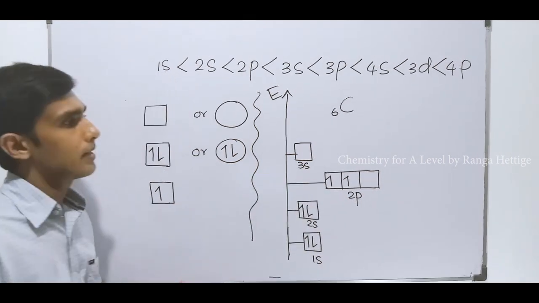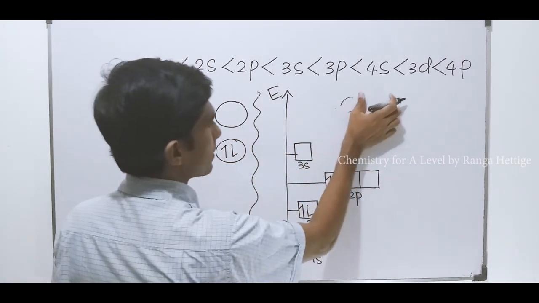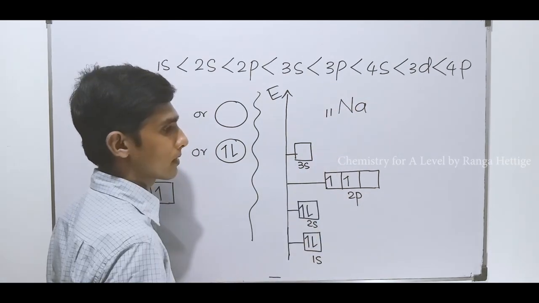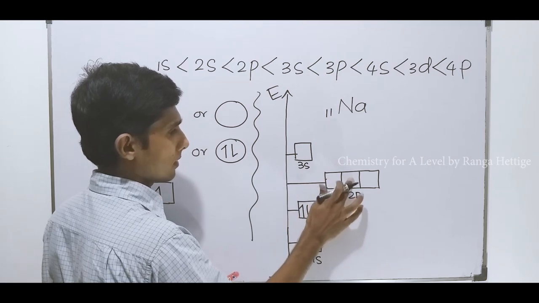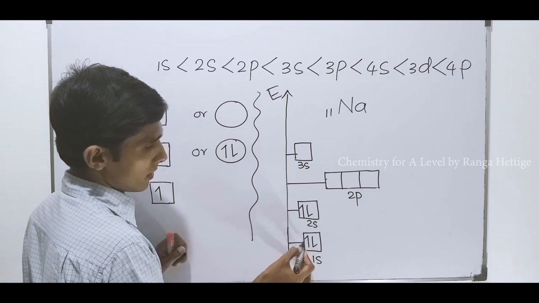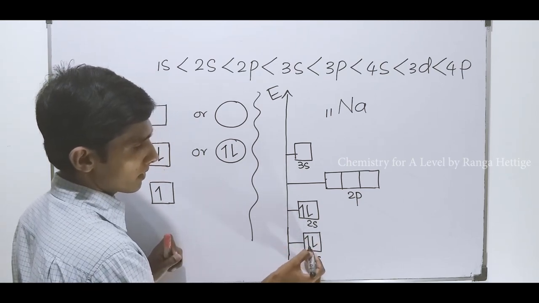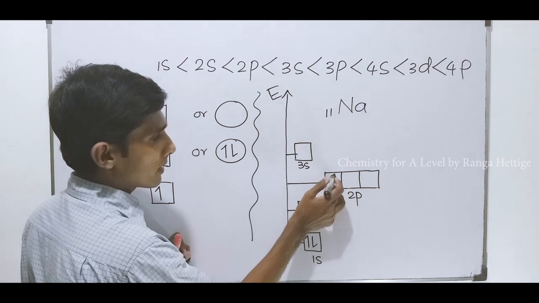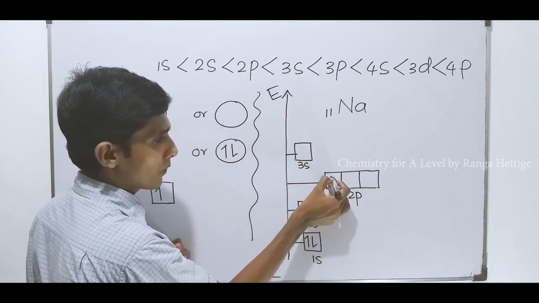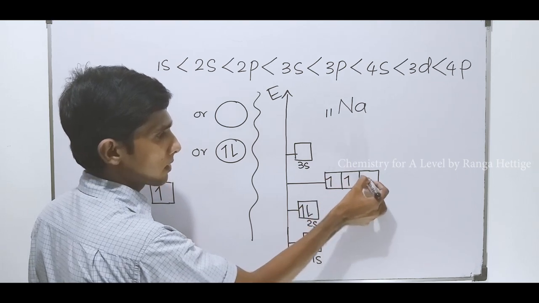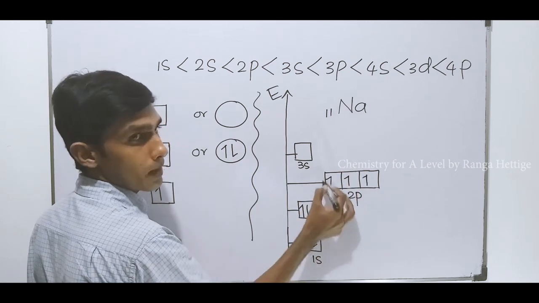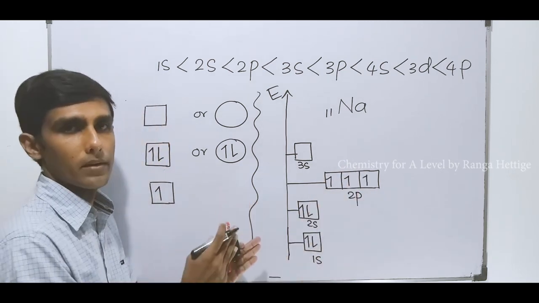Let's consider another atom, an atom like sodium, with 11 electrons. I will erase this. The first electron goes to 1s, the second electron again 1s, so 2 electrons, then 3, 4. Then this is the order in which electrons are filled: 5, 6, 7. After gaining the maximum number of unpaired orbitals, they get paired.